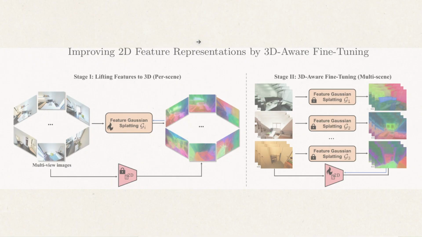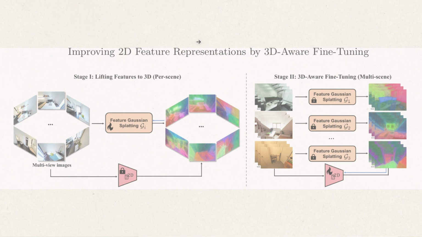Alright, so let me take you through the main idea behind the method in this paper. It's actually quite elegant. The authors start with a simple observation: modern 2D vision models like DINOv2 are super powerful, but they don't really understand 3D.